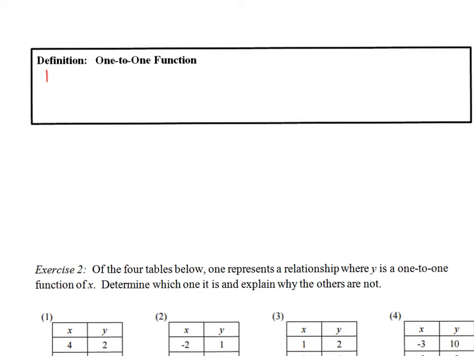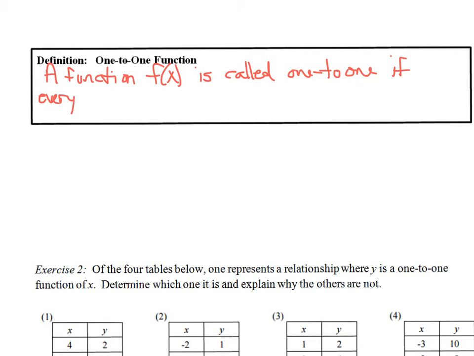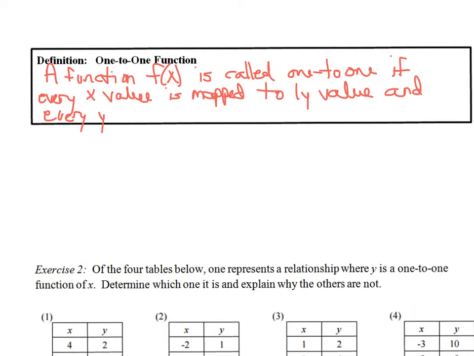A function f of x is called one-to-one if every x value is mapped to one y and every y has one x.